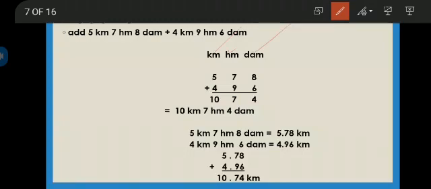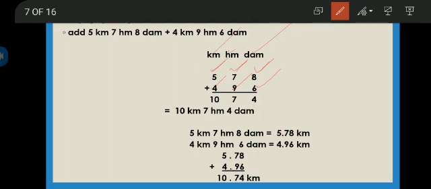Then accordingly you put the numbers 5 kilometer, 7 hectometer, 8 decameter. Then 4 kilometer, 9 hectometer and 6 decameter.